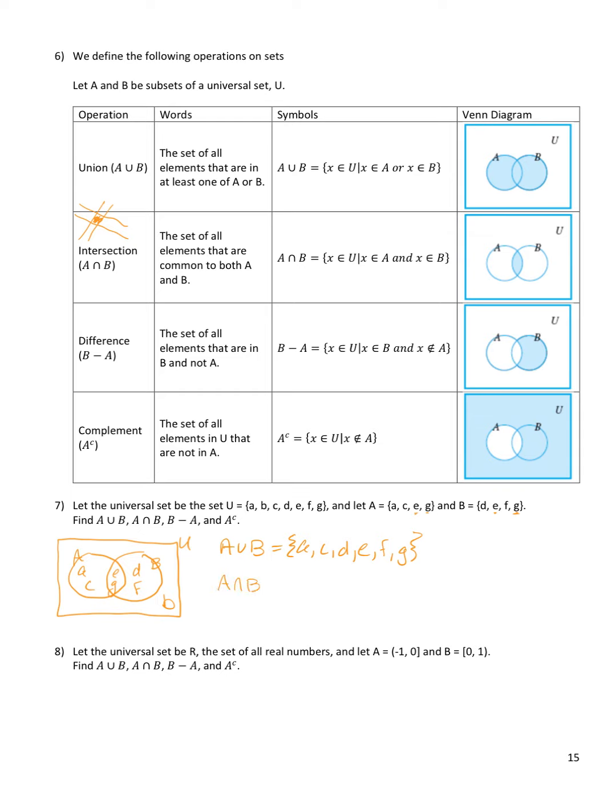Okay, A intersect B. The elements that A and B have in common are just E and G. B minus A, so all the elements that are in B, but take away the elements that are in A. So we have all the elements of B, but subtract out, like carve out these ones that are also in A. So we're just left with D and F.